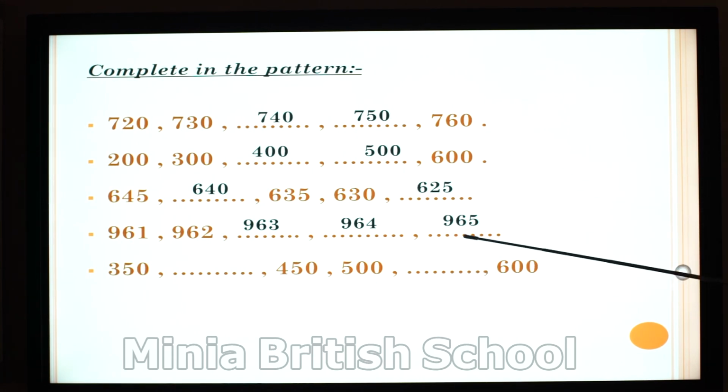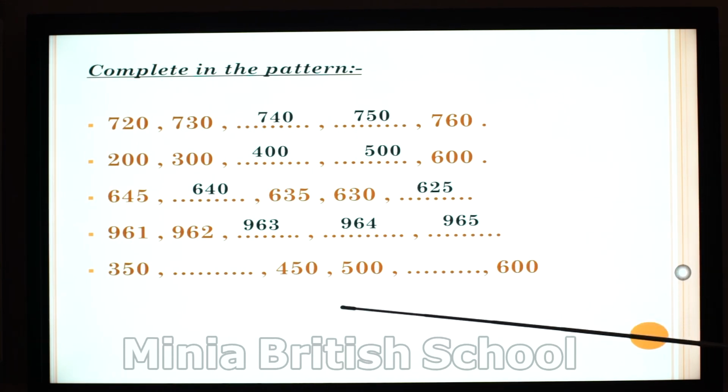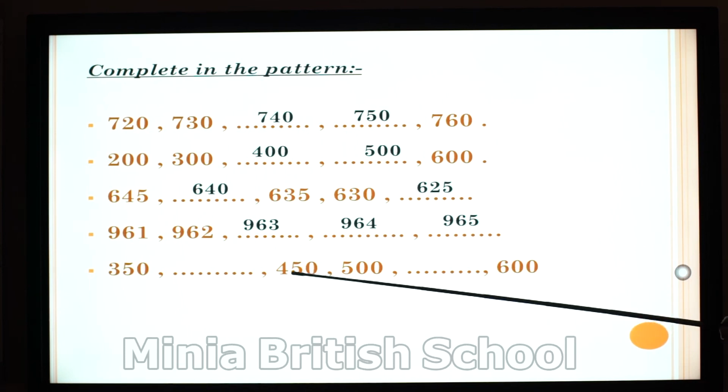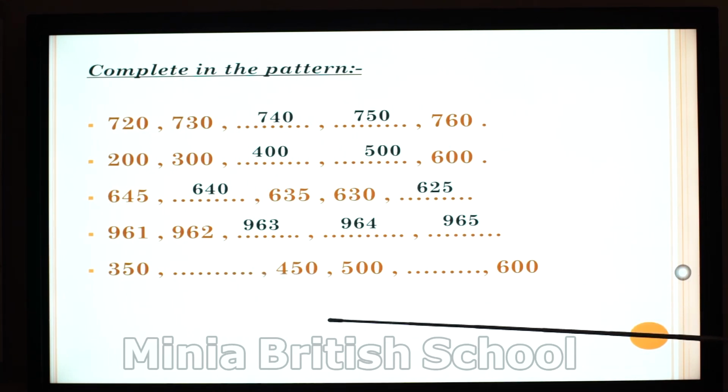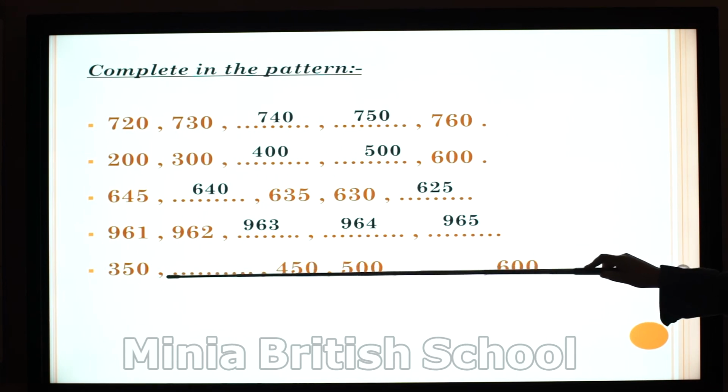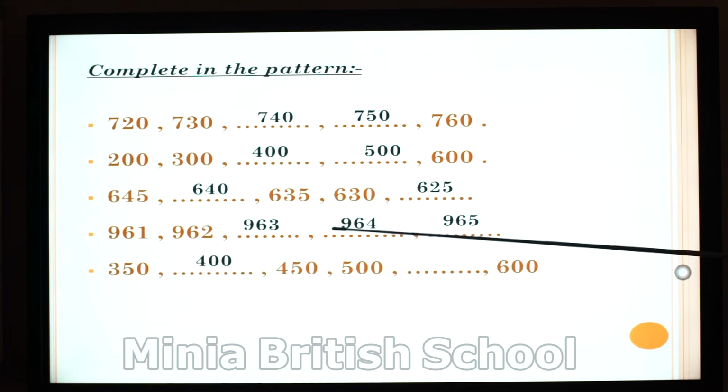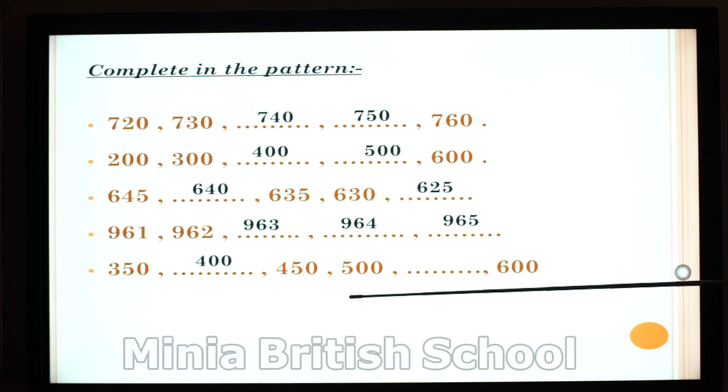You are counting up by, you will know, 450, 500. Counting up by 50. Yes, you have to add 50 to each number. 350, it will be 400, 450, 500, 550, and the last one, 600.